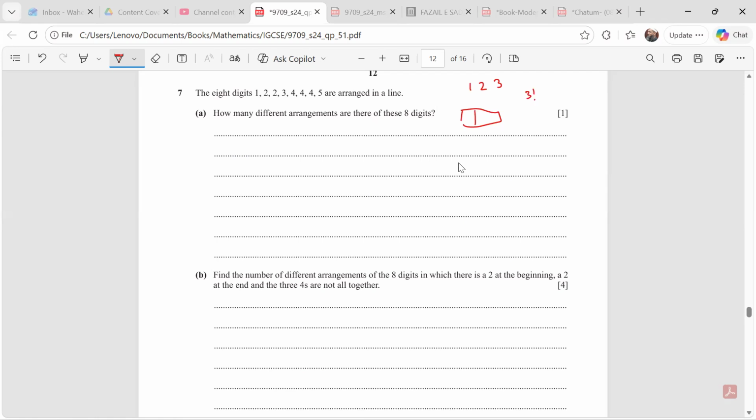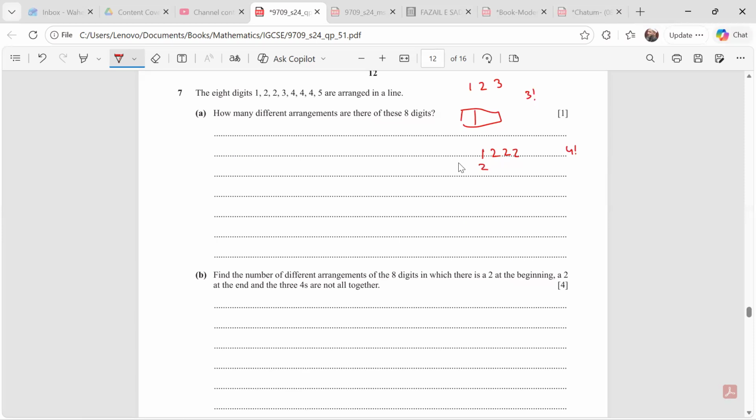Let me give you an example. Let's say I have 1, 2, 2, 2, and I want to see how many different ways I can arrange them. Again, if they were unique, 1, 2, 3, 4, the answer would be 4 factorial. But now because these three 2s are repeating, it will reduce my number. So what's the total number now?